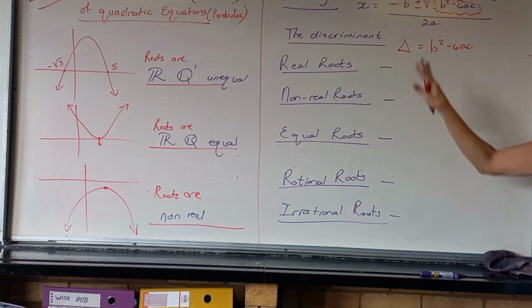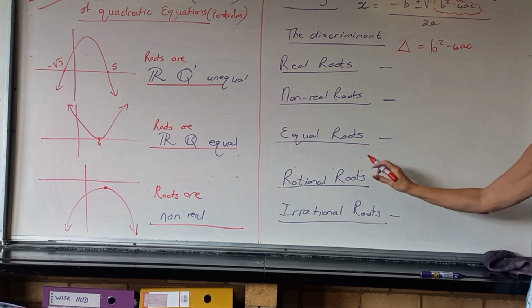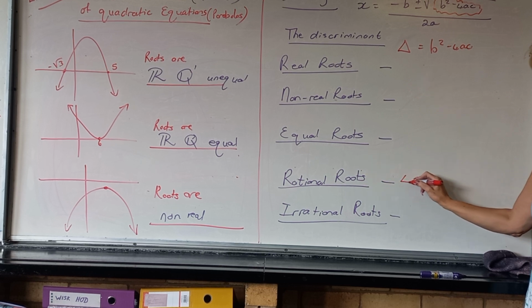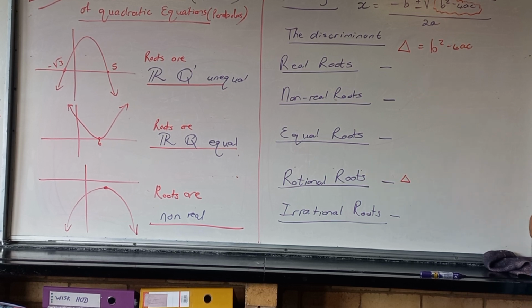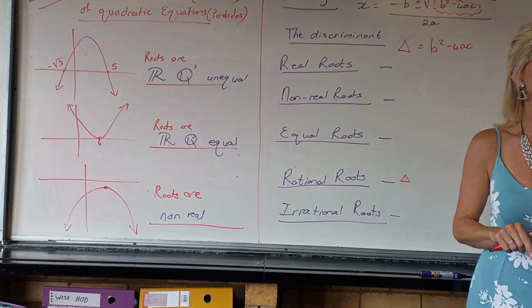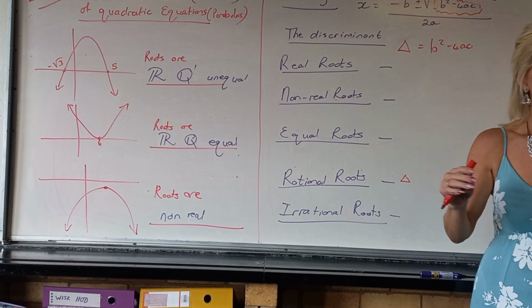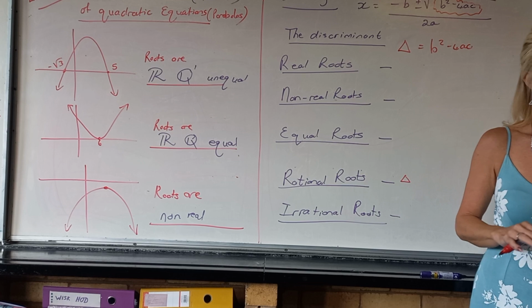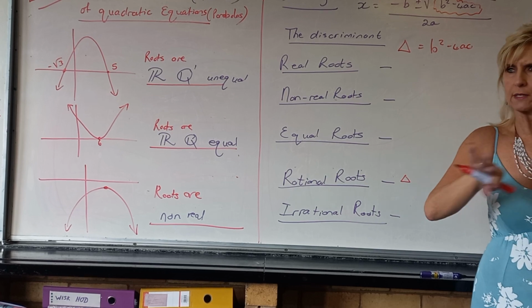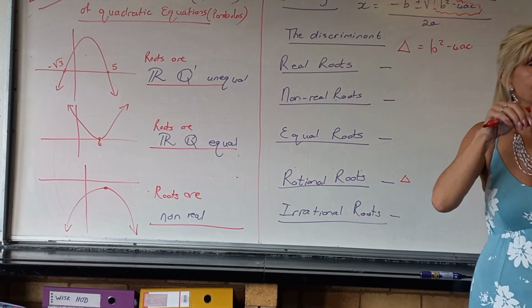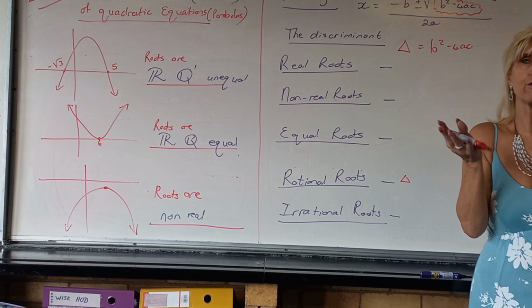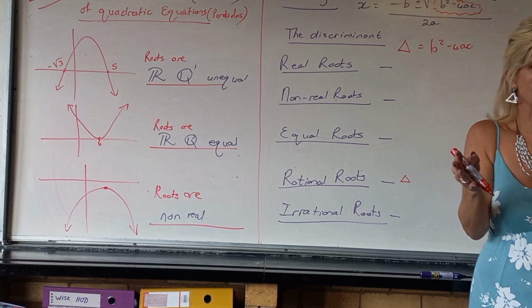So I'm going to jump around here. I'm calling it the discriminant because it's a discriminator between rational or irrational, equal or unequal. It separates, it discriminates, it discerns between two things.